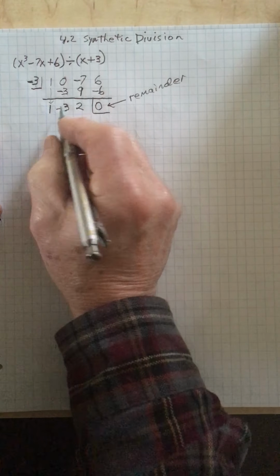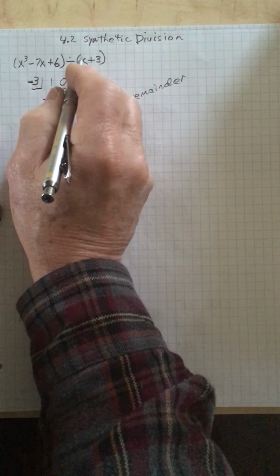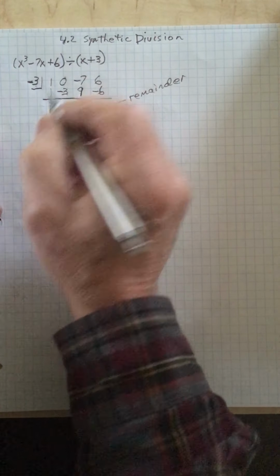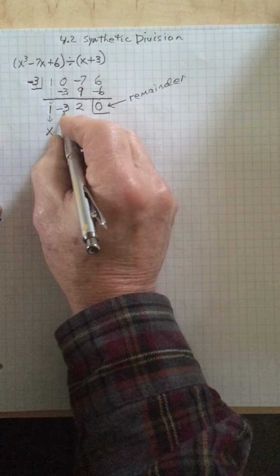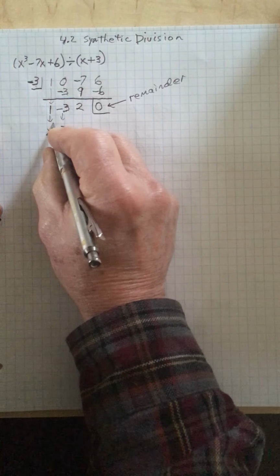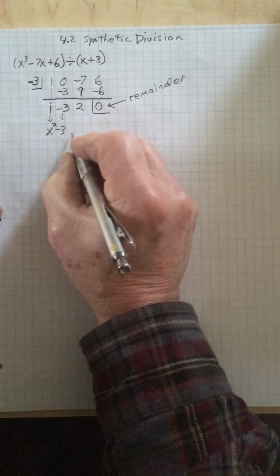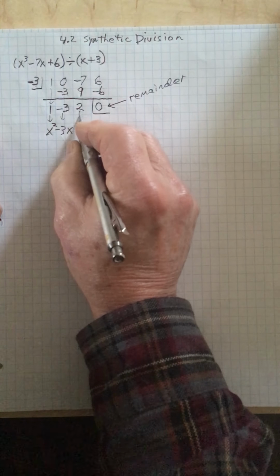And the quotient is here. And since it was x cubed and we're dividing by x, we're always going to drop down 1. So this will be 1x squared minus 3x, and then plus 2.